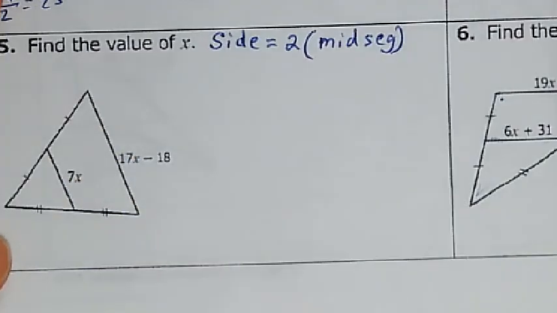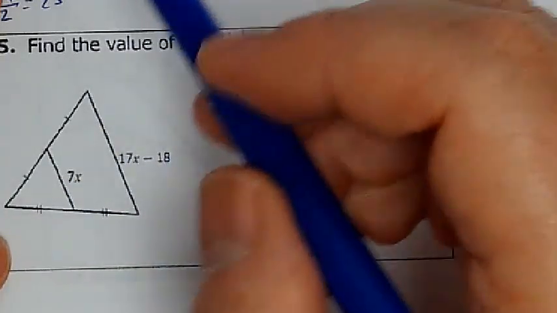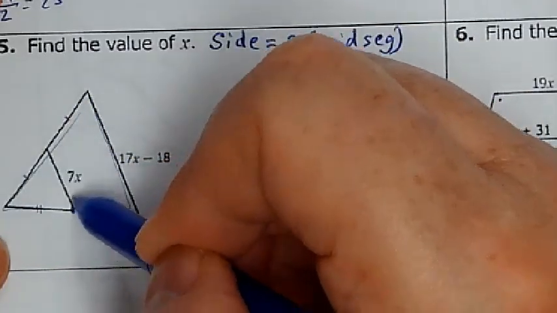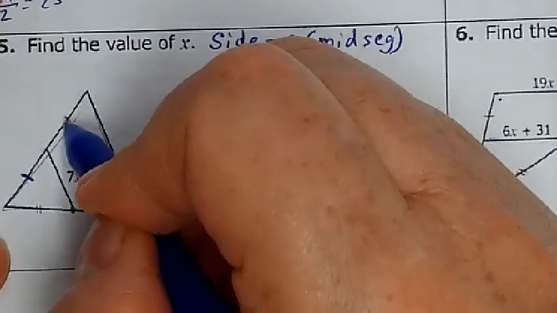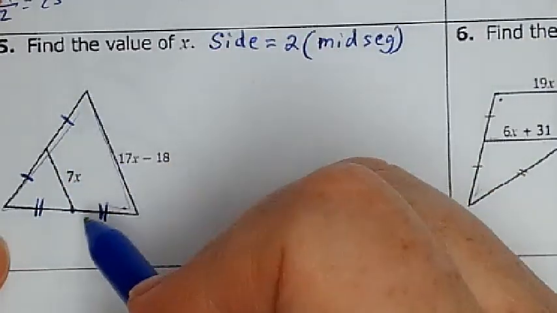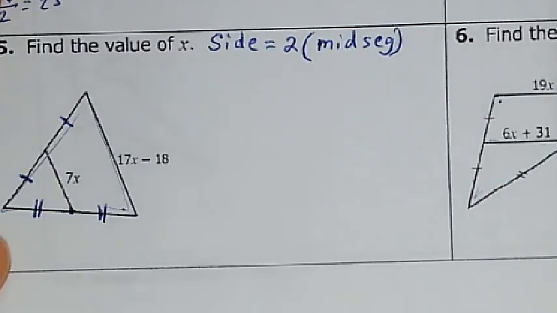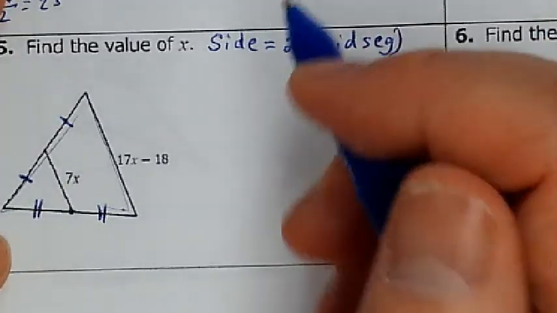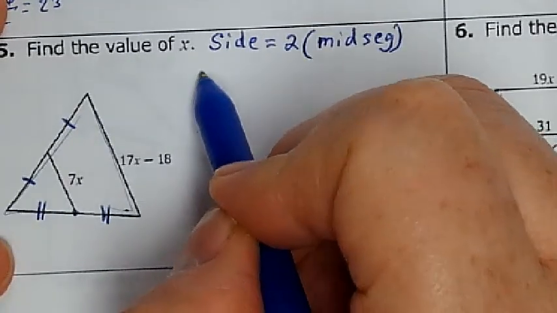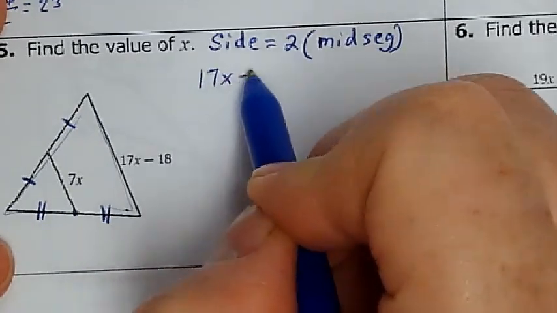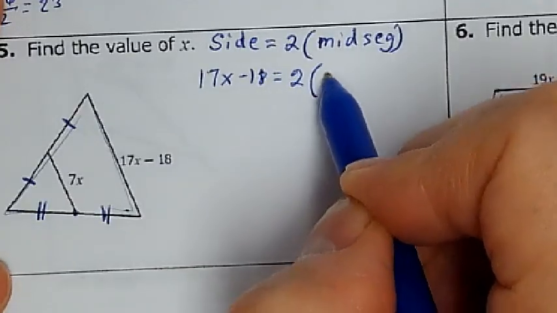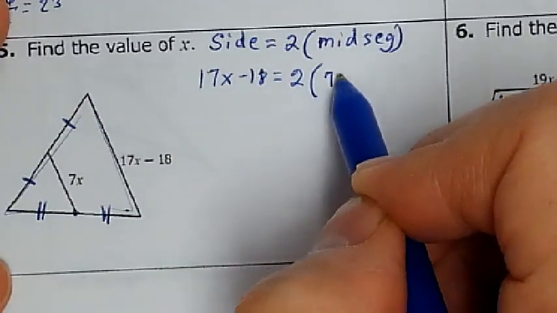These are the sides. That's the midsegment because it connects the midpoints. You could see that mark, that mark. You could see those two. That is the midsegment. So if you wanted to set that up, what's the side length? And that equals twice the midsegment, and the midsegment is just 7x. Find the value of x.